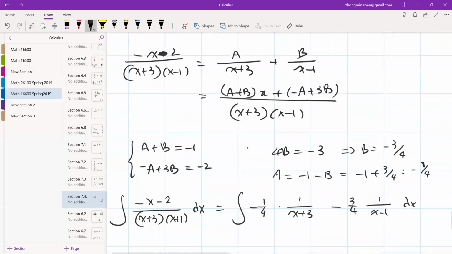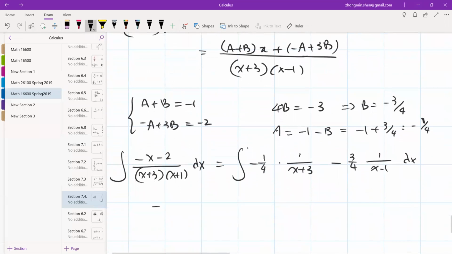So I can evaluate each of the integrals. Right, that's it. You can always decompose the function as a sum of two simple terms.